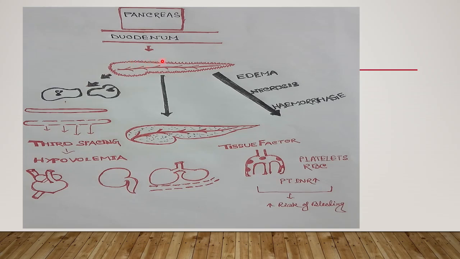Increased inflammation. When the pancreas is inflamed, it starts to stimulate our immune system. Our immune system gets activated, and it stimulates activation of neutrophils and macrophages. Neutrophils and macrophages come here when the pancreas is inflamed.